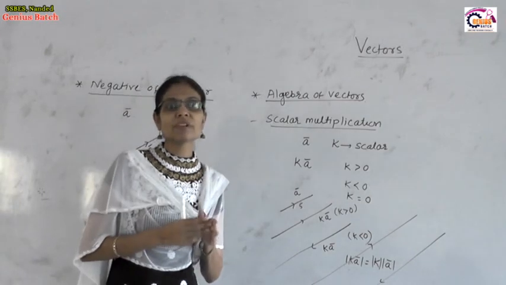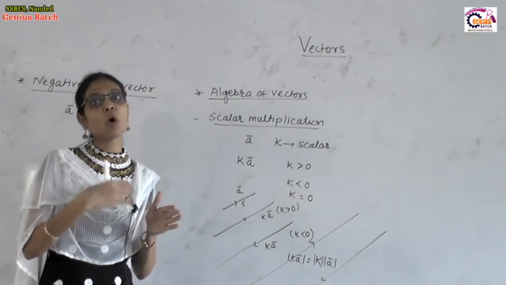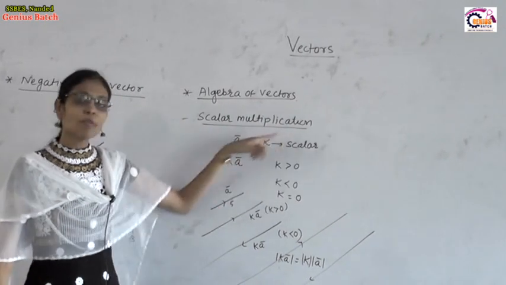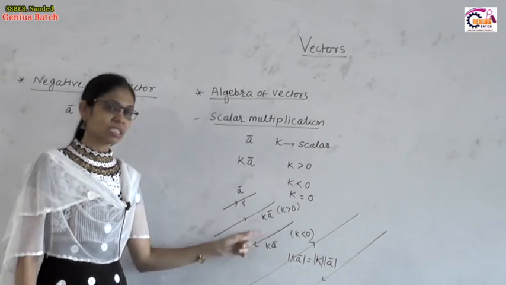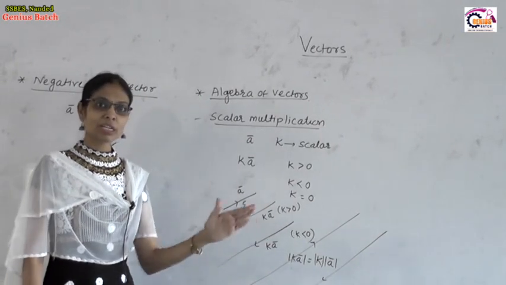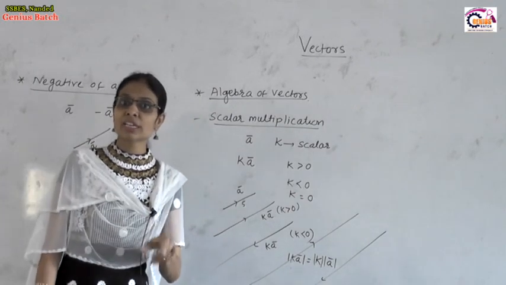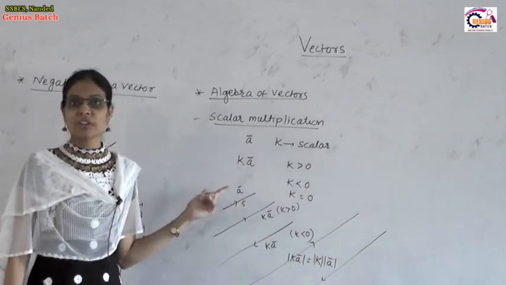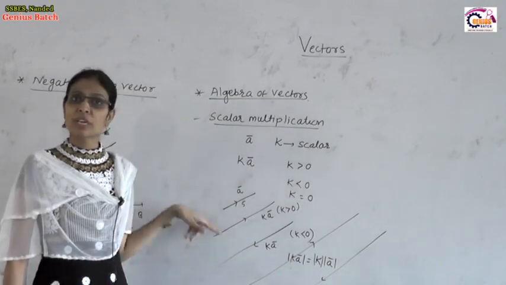So collinear vectors are vectors lying along same line or parallel. Means their line of action should be same. So whenever you are multiplying a vector by a scalar, you are getting a vector parallel to given vector, means you are getting a vector collinear with given vector. So set of all these vectors are collinear.